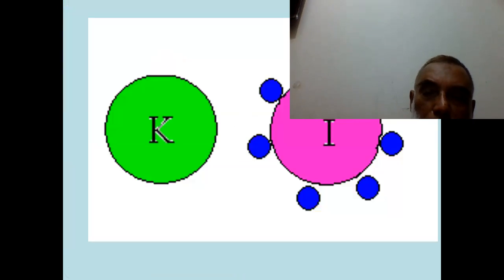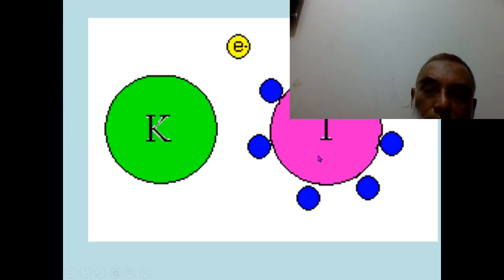Here, potassium loses an electron and iodine is taking that electron. Thus, potassium becomes positively charged, iodine becomes negatively charged. So there is an electrostatic attraction between potassium and iodine, and this is your electrovalency or ionic bond.